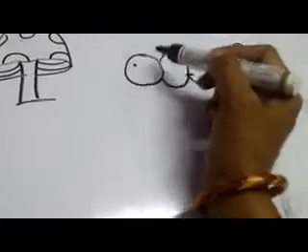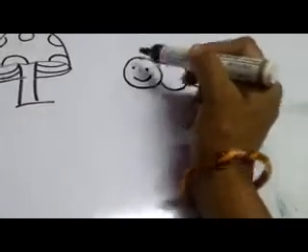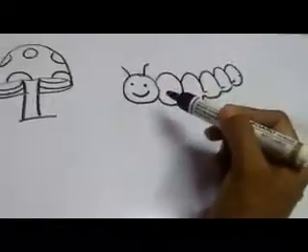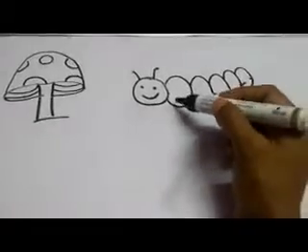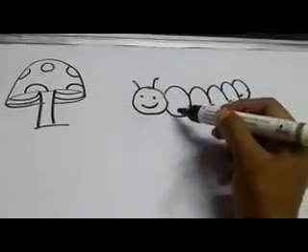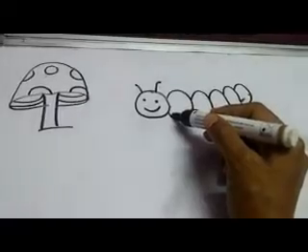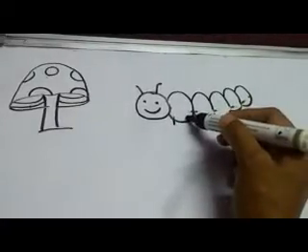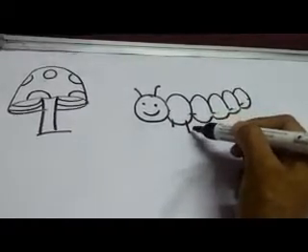Now you make eyes, mouth and antenna. Now comes the legs. Now for legs, in each oval, you make two lines. One small, one big. You just watch carefully.